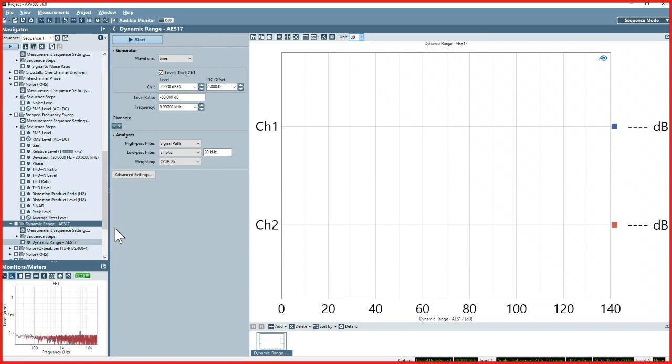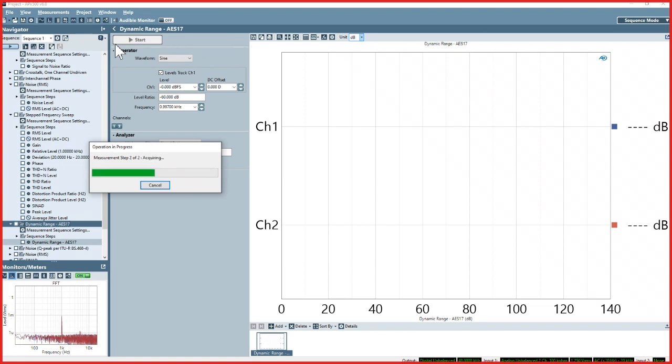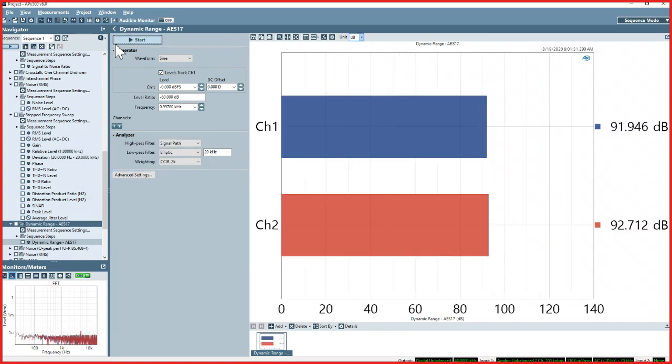And the goal here is that many devices, in the absence of any signal altogether, will mute themselves. So what you can see here is, well, we had 95 odd dB in signal to noise ratio, but in dynamic range, it's a little bit different. Now there is also a different weighting filter used, different high pass and low pass filters.